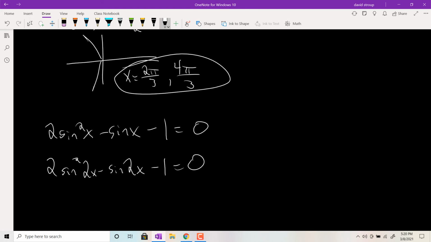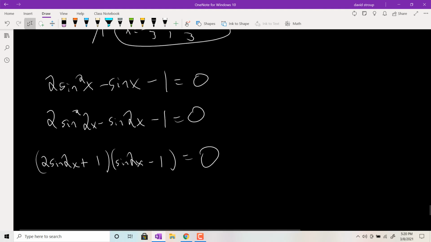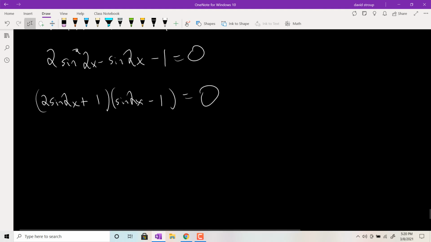It's quadratic, even though I put a 2x in there, it's still a quadratic form. So you have 2 sine of 2x and then sine of 2x, and then this is the plus, and this one's minus, and this is 1. Okay, so I'll have 2 sine of 2x plus 1 is 0.